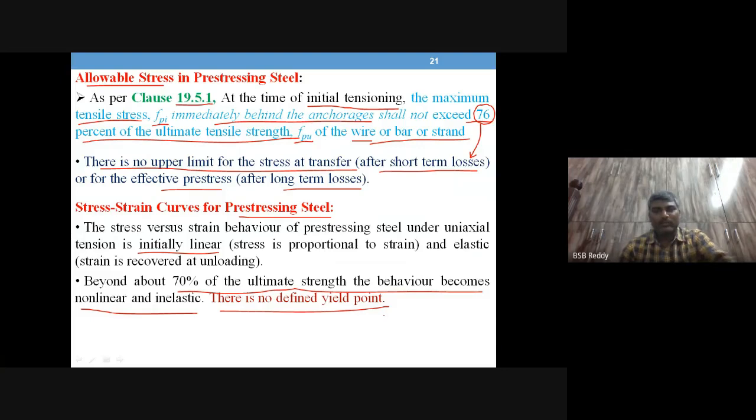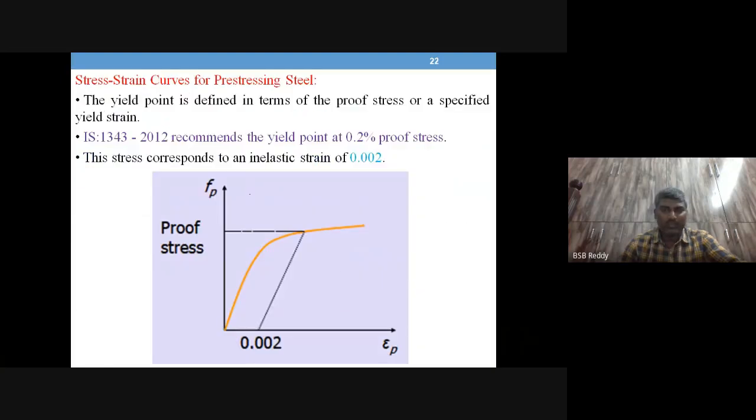Okay, so unlike mild steel, which has a yield point, for HYSD bars and all, we don't have a yield point. So what happens when the yield point is not available? The yield point is defined in terms of proof stress.